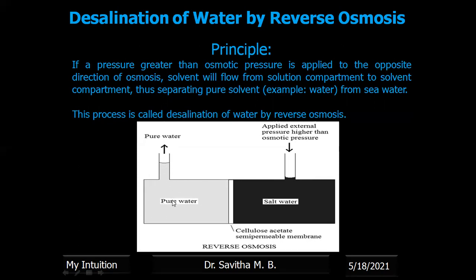So the level of pure water goes on increasing, because the water molecules are passing from the concentrated solution to the pure water side, that is the dilute solution. The level of the solution here decreases, and for this process a higher applied pressure is required, and that should be higher than the osmotic pressure.